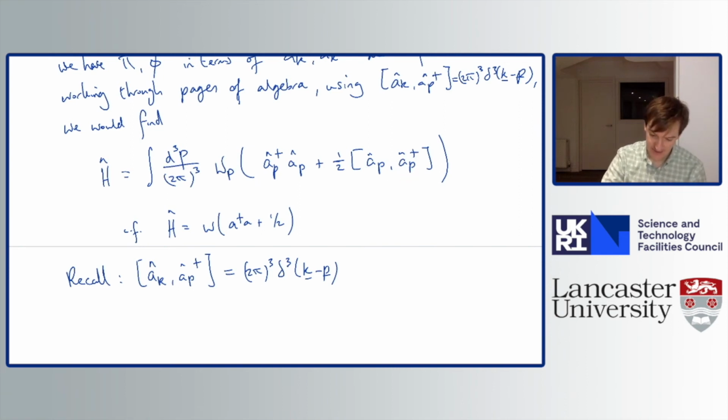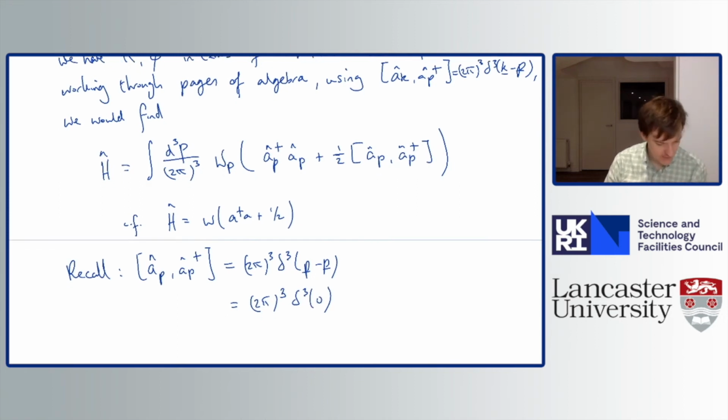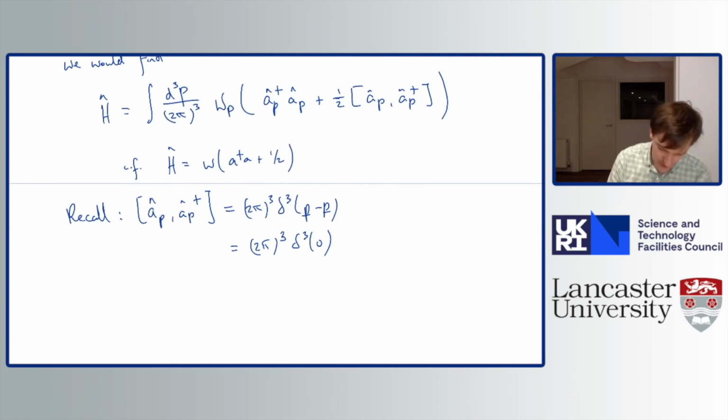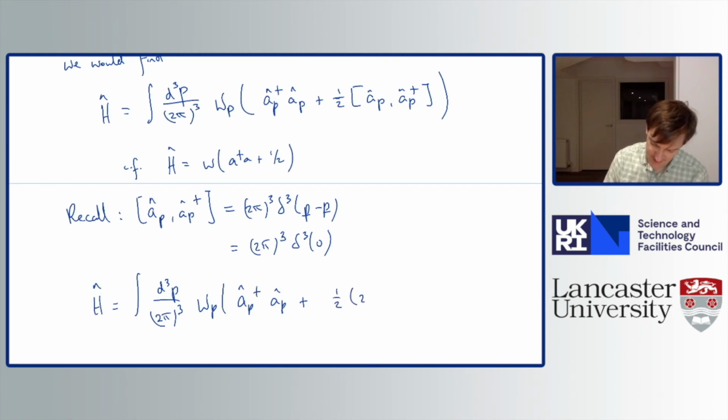We have to set k equal to p. Okay, so here we have this funny object, 2 pi cubed delta 3 of 0. So in other words, our Hamiltonian is a little bit strange. We have a piece that looks fine, kind of what we were expecting, plus this weird bit that has a delta function evaluated at 0.